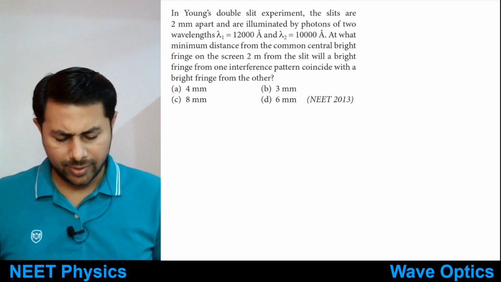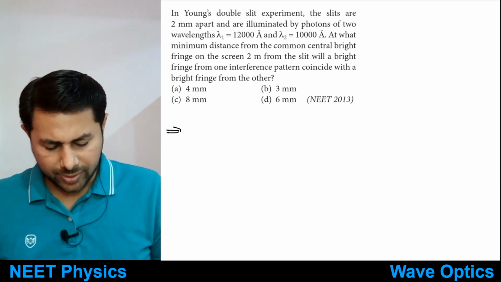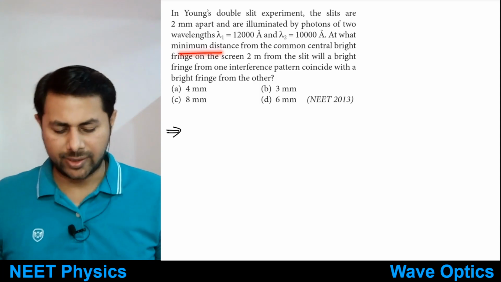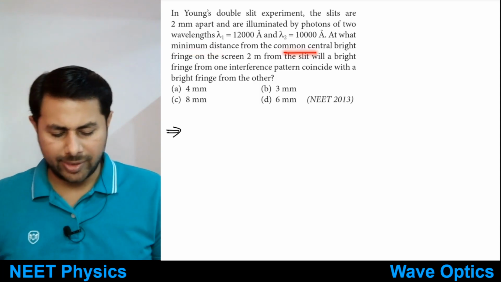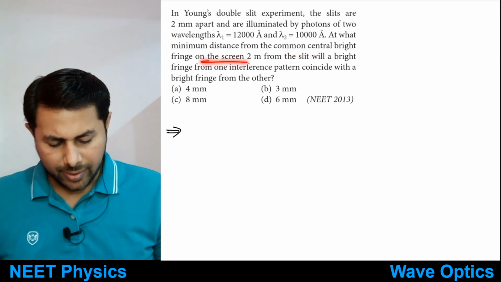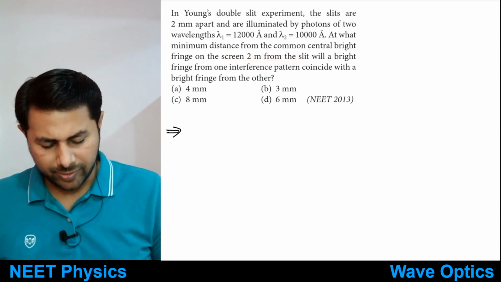Okay, all right, so we just want to find out at what minimum distance from the common central bright fringe, on the screen 2 meter from the slits. So D is equal to 2 meters, this is given.